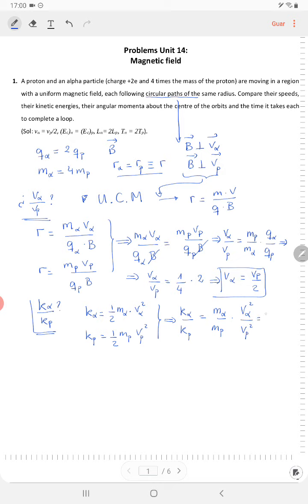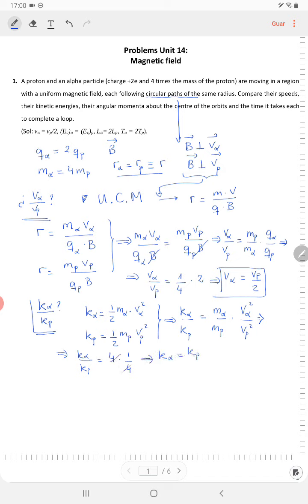The mass ratio is 4 and the speed ratio squared is 1/4, so the kinetic energies of both are the same.